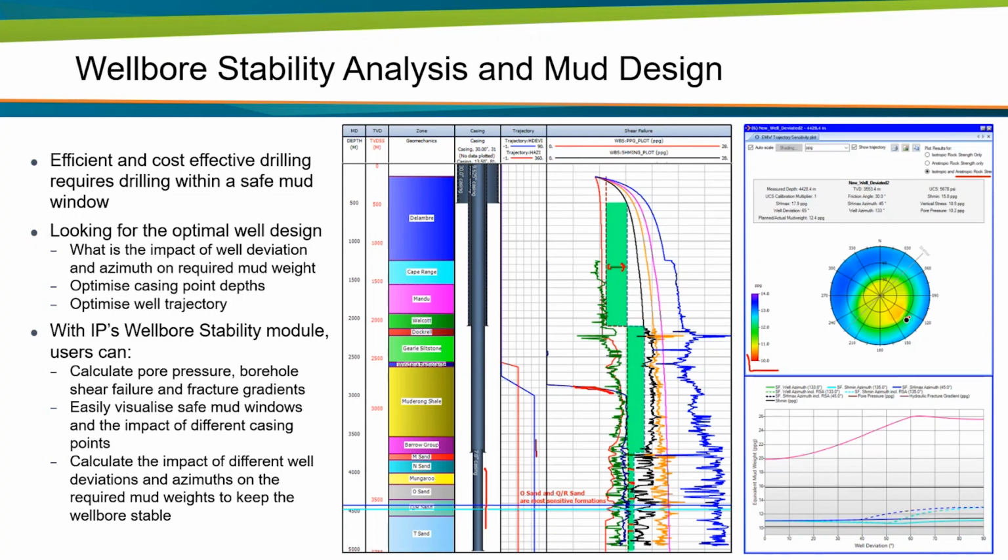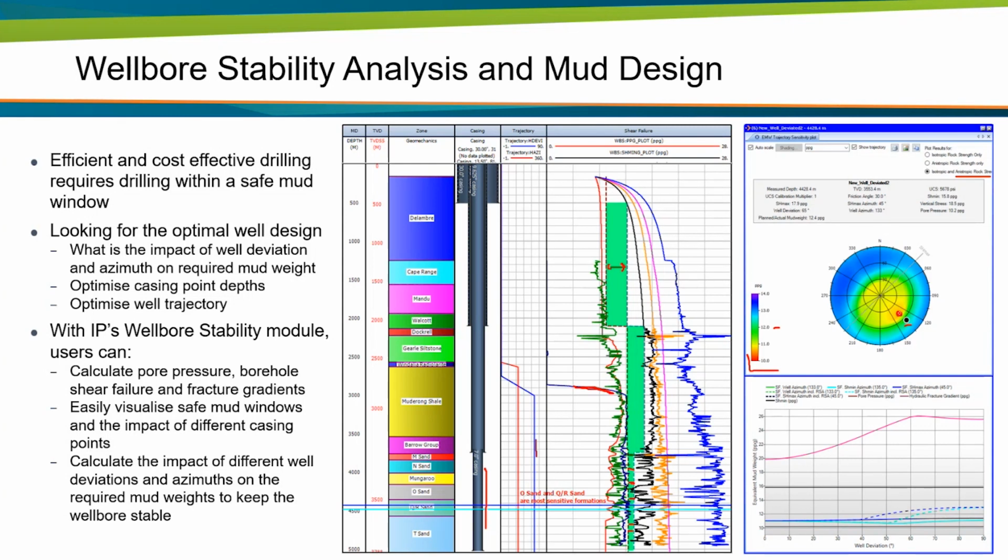So over here, this black dot is our well trajectory, and you see that we need a quite high mud weight to keep this wellbore stable, around 12 ppg. What if we would make the deviation of our wellbore a bit less, let's say 50 degrees instead of 70 degrees?